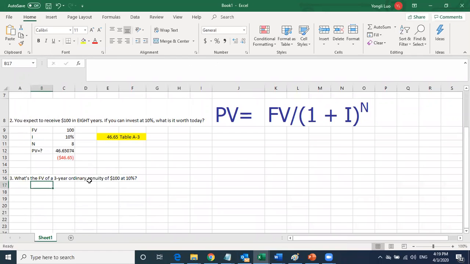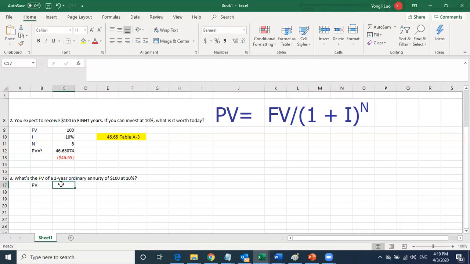Because this is an ordinary annuity, the present value is 0, since you didn't put any money down.